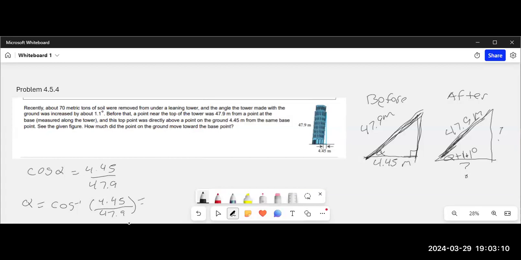And I get 84.6694278 degrees. And now we're going to take that and add 1.1 degrees to it, so that alpha plus 1.1 degrees is going to be called beta.